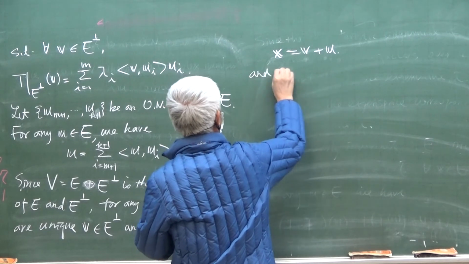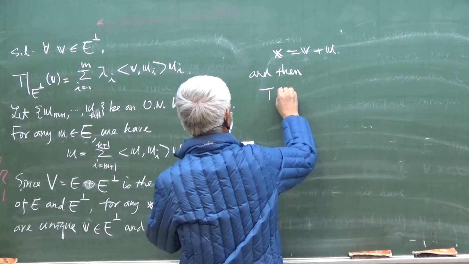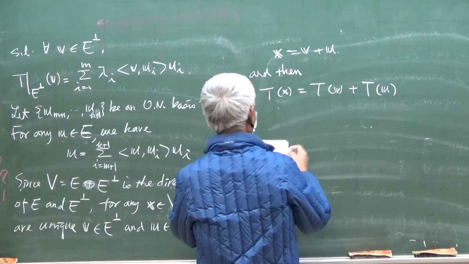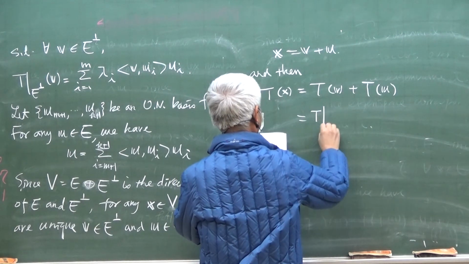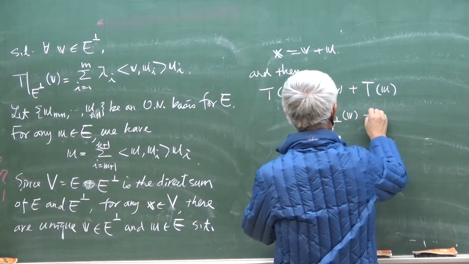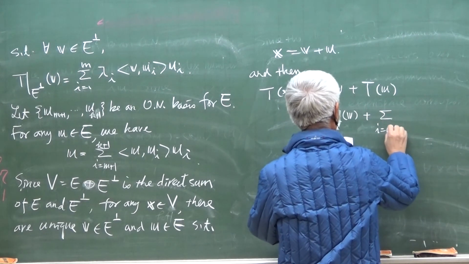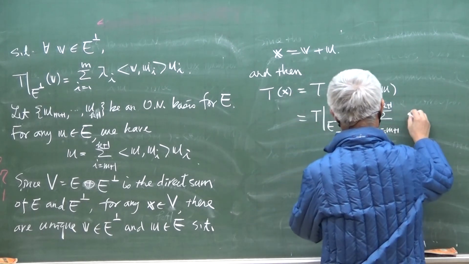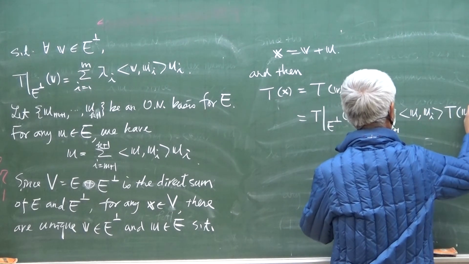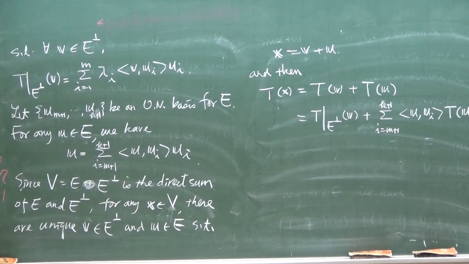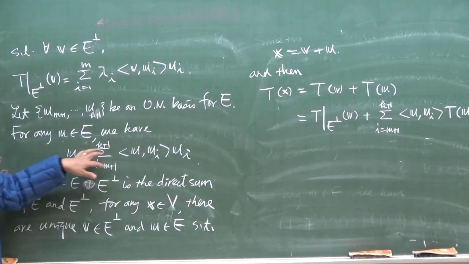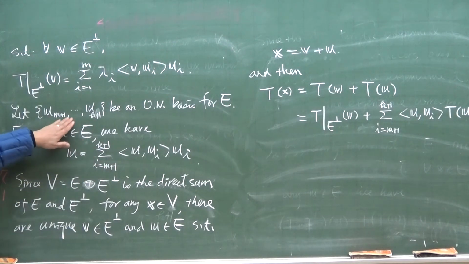So then Tx is equal to Tv plus Tu. Okay? And this is the restriction of T on E perp applied to V, plus the summation I from M plus 1 to K plus 1 of the inner product of U with UI, times T UI. So Tu, because U is a linear combination of UI, I from M plus 1 to K plus 1, because this is the basis.